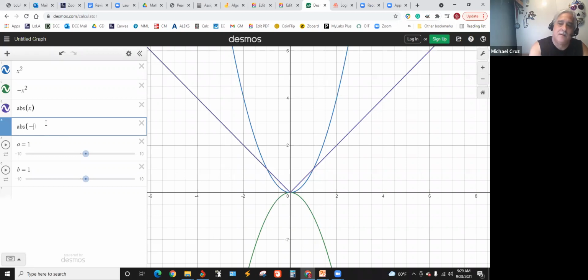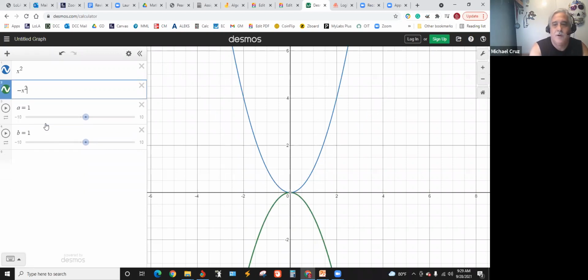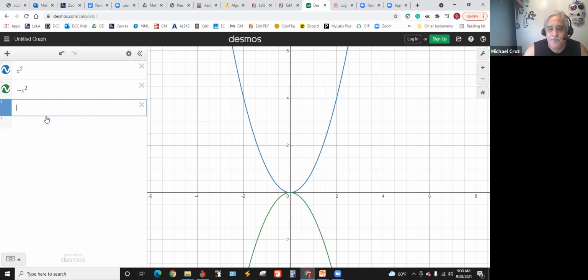Let's just try the x. Make it simpler. So that's the shift on the x-axis. I should probably take these off.